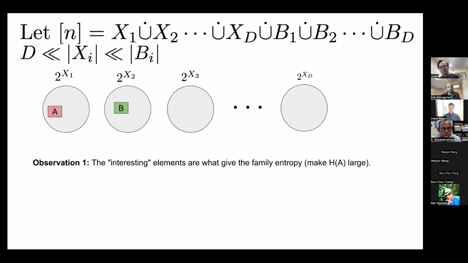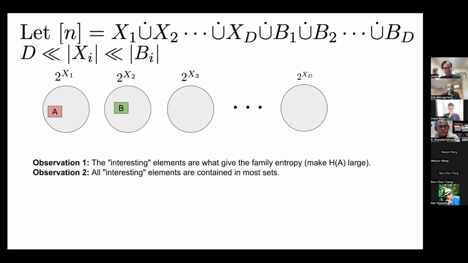So if you think about sampling A randomly from your family and computing the entropy H of A, most of the entropy comes from the elements in these xi's. That was the first observation.